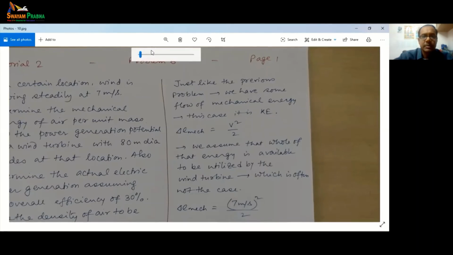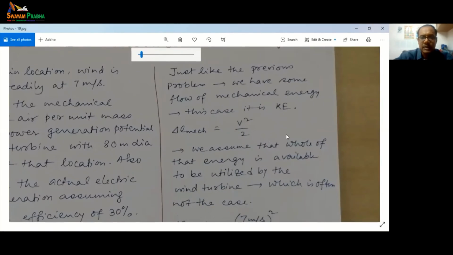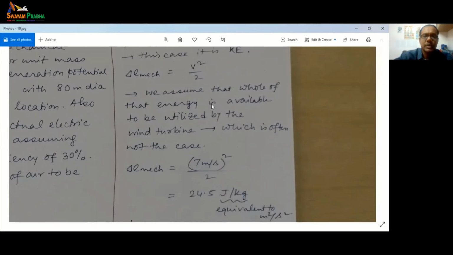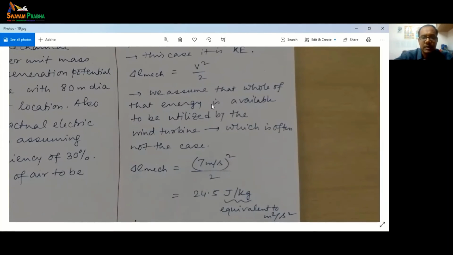So just like the previous problem, we have some flow of mechanical energy, and in this case it is kinetic energy, and per unit mass the mechanical energy of the flow is just V square divided by 2. That is the kinetic energy expression. And here we assume that the whole of the energy is available to be utilized by the wind turbine.